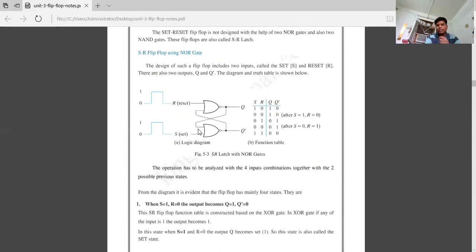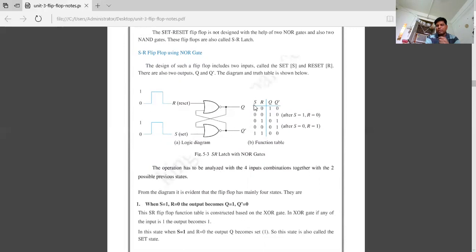It means that when S is 1 and R is 0, Q equals 1 and Q dash equals 0.